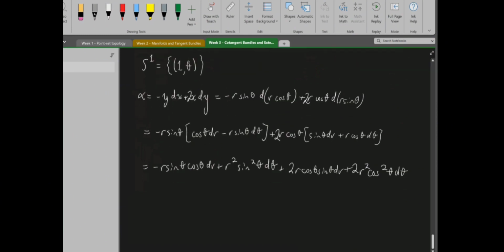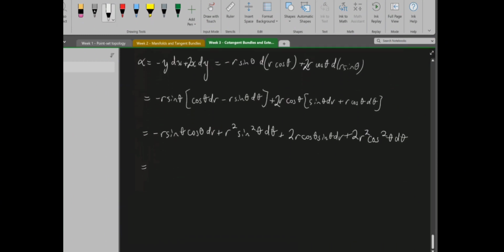You can simplify it yet further. So grouping together, you get r sine theta cosine theta, factoring that out of both of these. And then you have minus 1 and positive 2, so you just have one of those, dr. And then you have one of these r squared sine squared theta, and two of these r squared cosine squared theta.